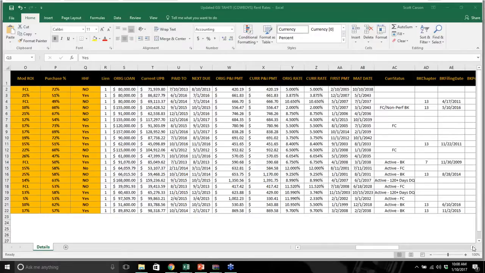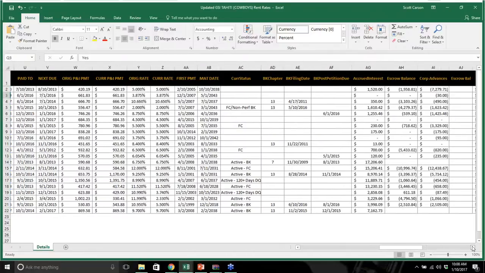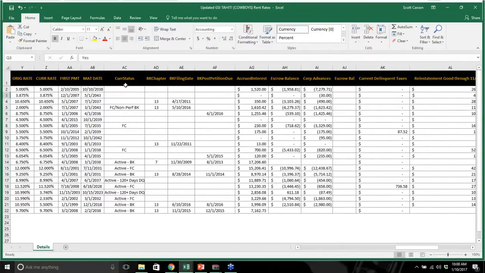So, maturity date. Then you also have some other information. You have current status: foreclosure, non-performing, bankruptcy, BK Chapter 13. You can see the stuff: active BK, active foreclosure, active 120 plus days delinquent, all that good stuff. You can see when the BK was filed, BK post petition, when it's due, and if they've got any accrued interest.